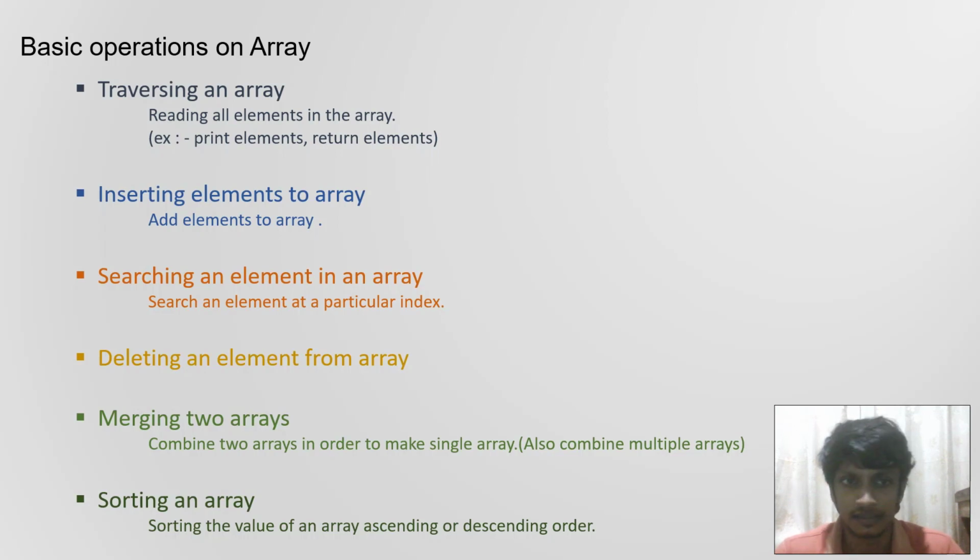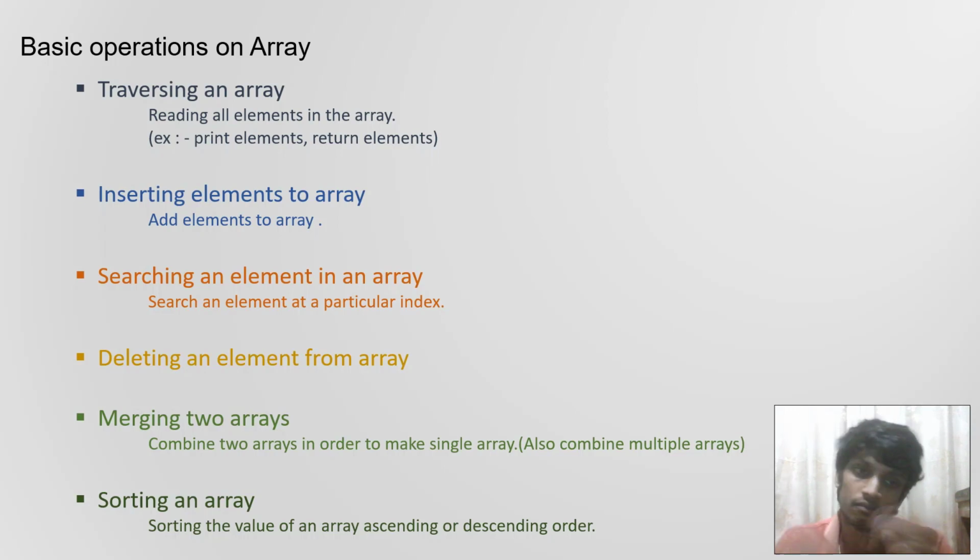The second thing is inserting elements into an array, which means adding an element to the array. Your array is a static data type. It can't increase its own size when it's running, but we can input values for that corresponding array. The third thing is searching for an element in an array, which means searching for the corresponding element at a particular index. As I already told, an array represents its specific locations by indexing, like the 0th index, first index, second index, like that.